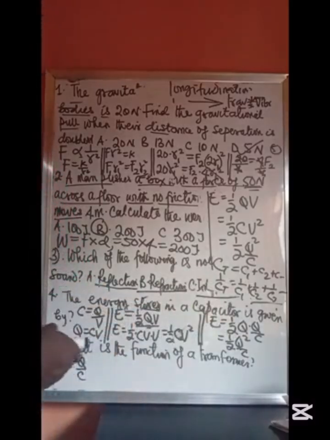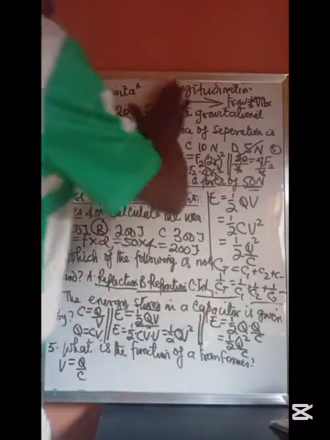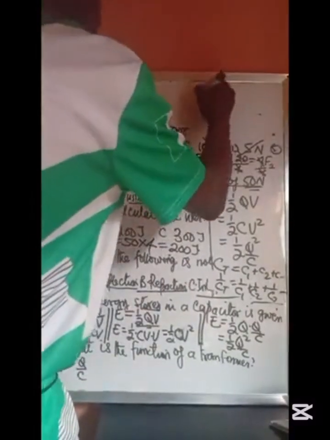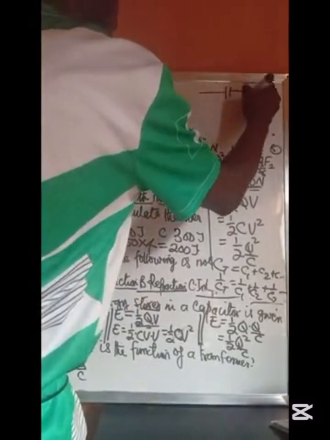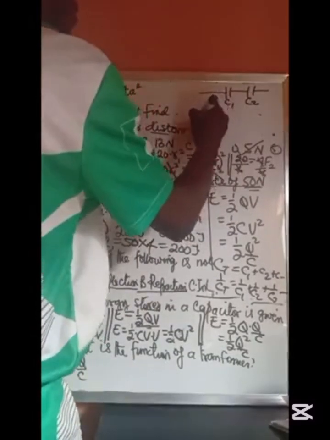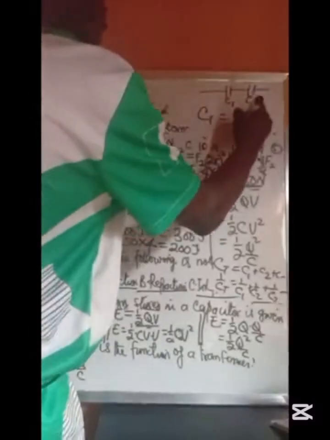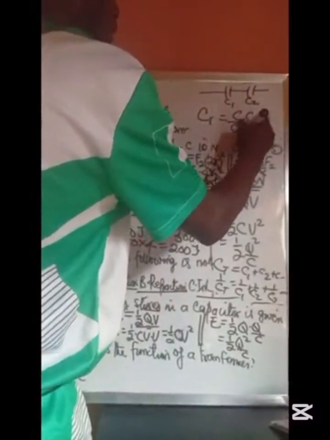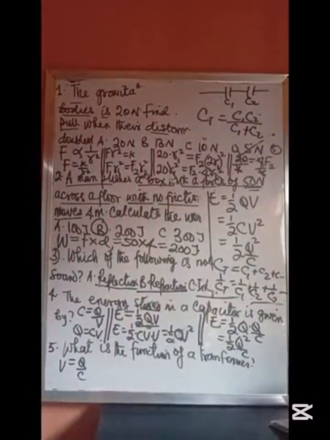For example, if we have two capacitors, C1, C2, this way, CT total is given by product C1 C2 over sum C1 plus C2. This is a shortcut. All right, let's write down.